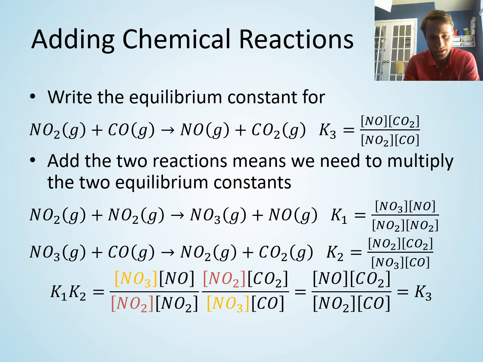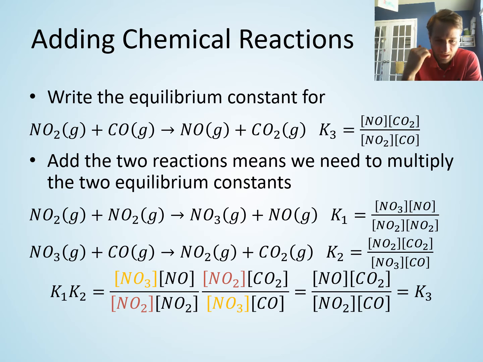Now what if I add two chemical reactions together? Let's consider the equilibrium constant of this total reaction up above. And now let's look at two reactions down below: N2O2 plus going to NO3 plus NO, and then NO3 plus CO going to NO2 plus CO2.